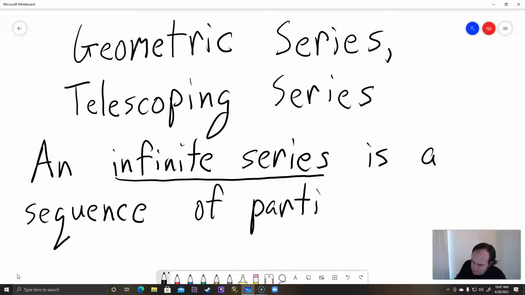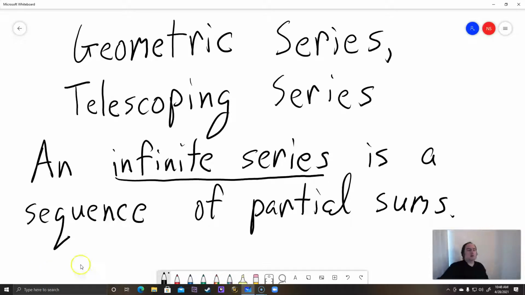And what that means is, remember, a sequence just has term after term of the sequence, and it starts usually on the first term, then the second term, then the third term. So make sure you've already watched my video on infinite sequences before you look at this video. But it's a sequence of partial sums. And probably the easiest way to learn about them is by example.